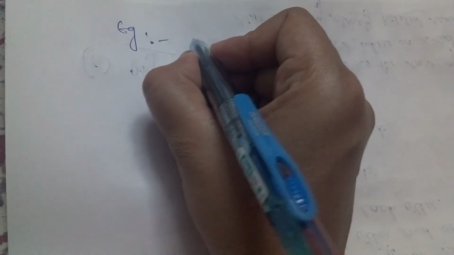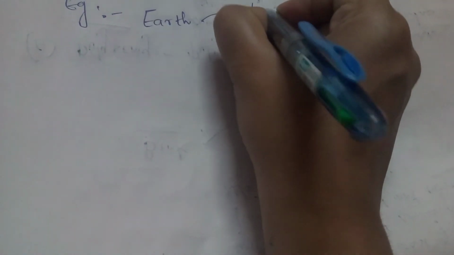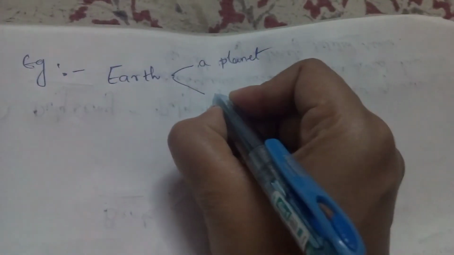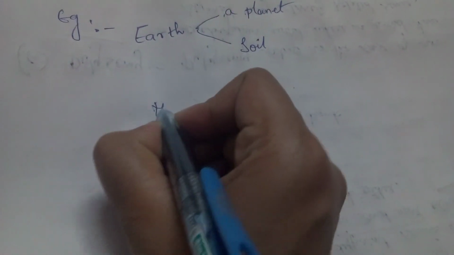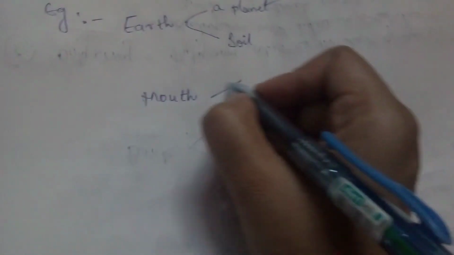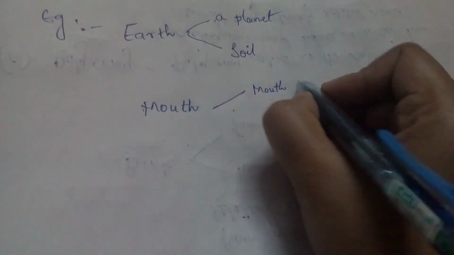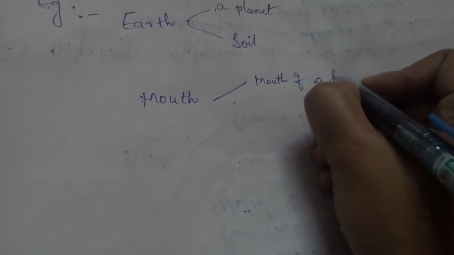Let's take an example. Earth. It can be a planet or it can be soil. And also mouth. It can be the mouth of a river.